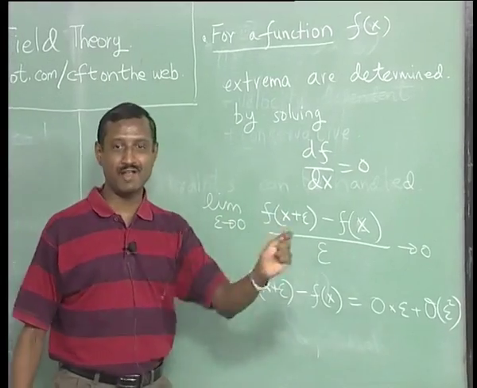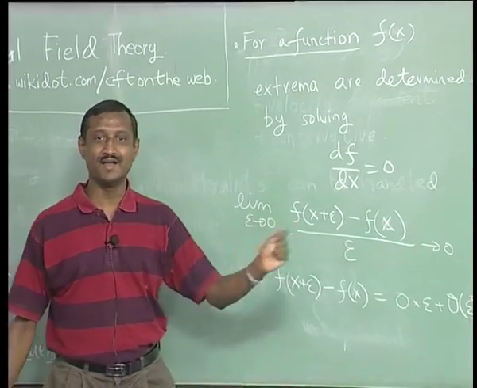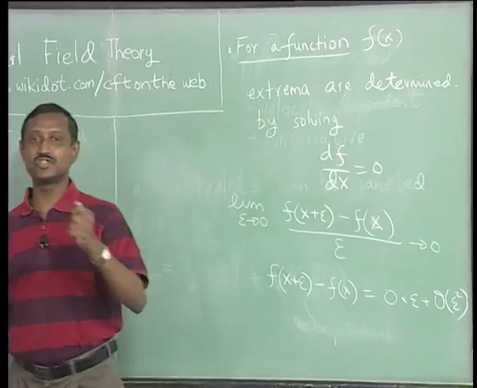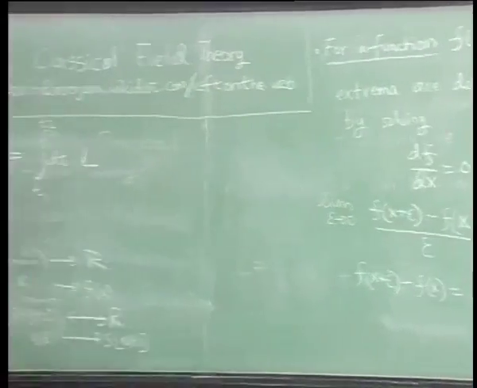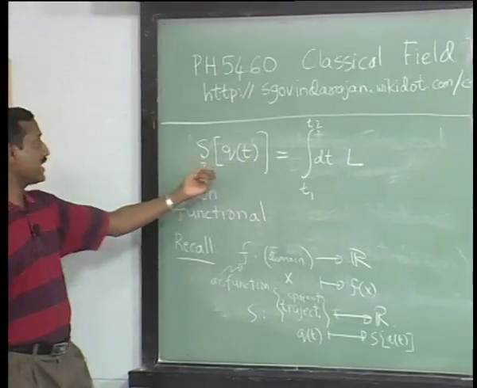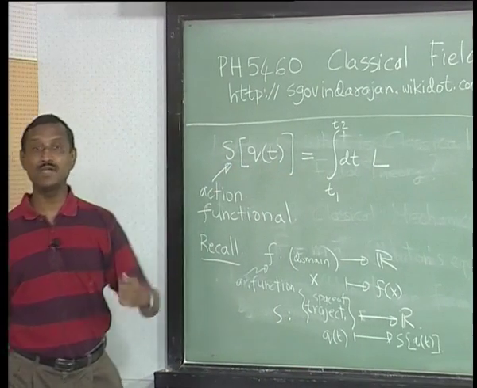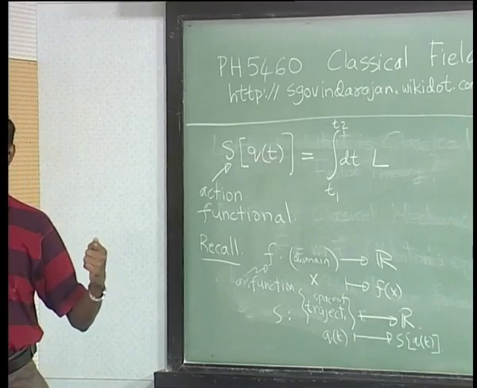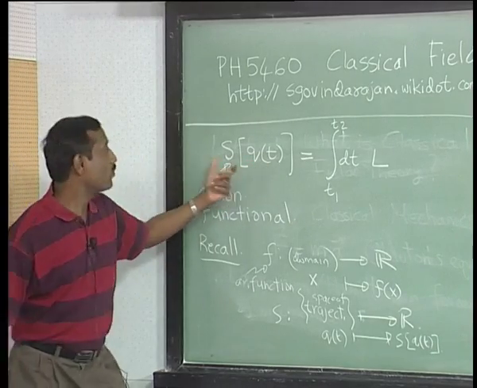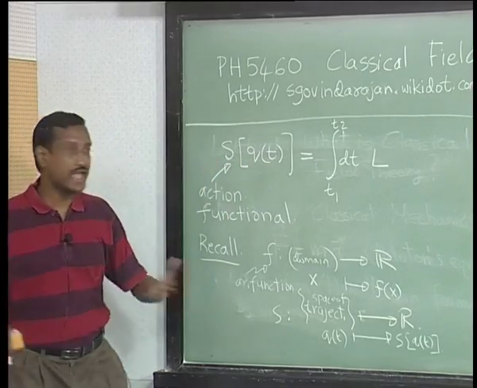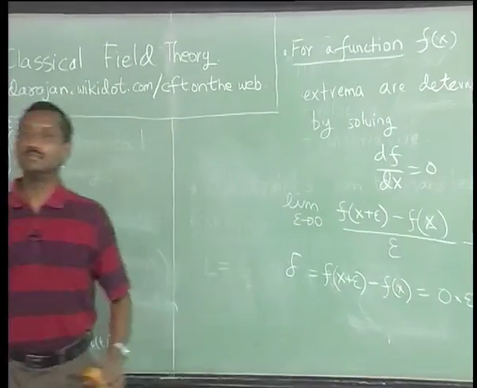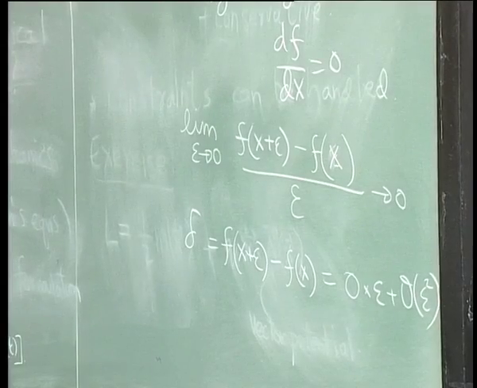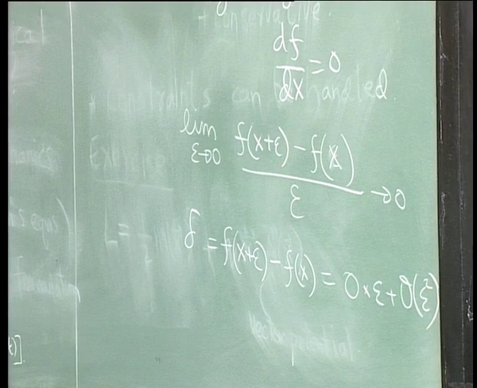You keep changing the value of x and ask where this is true. So the analog of x here is a trajectory, so you have to keep changing trajectories, and we need to ask when this variation, which we will just call delta f, is 0 to first order. That is all.